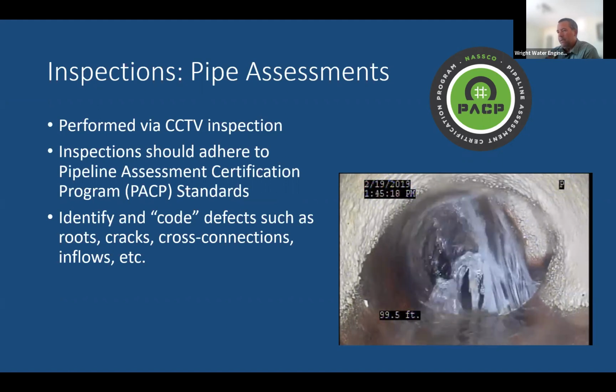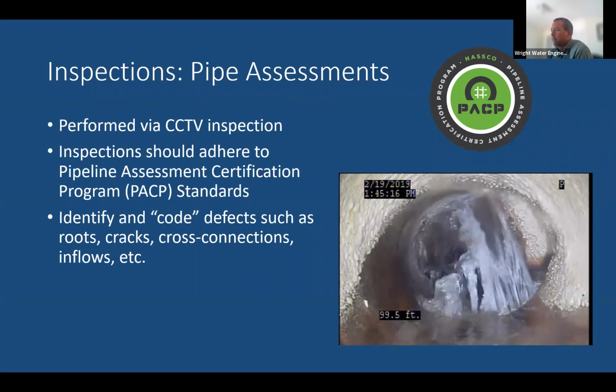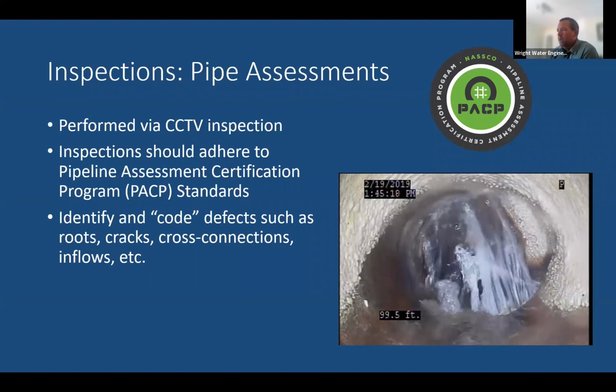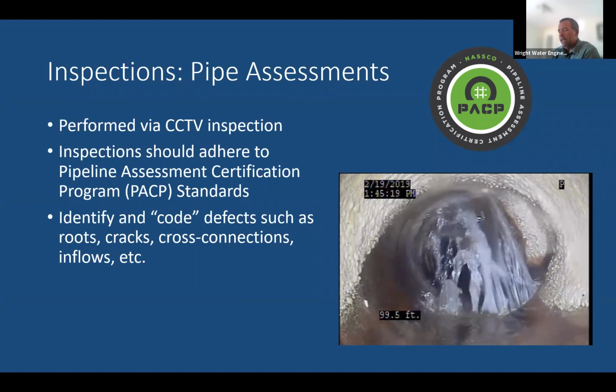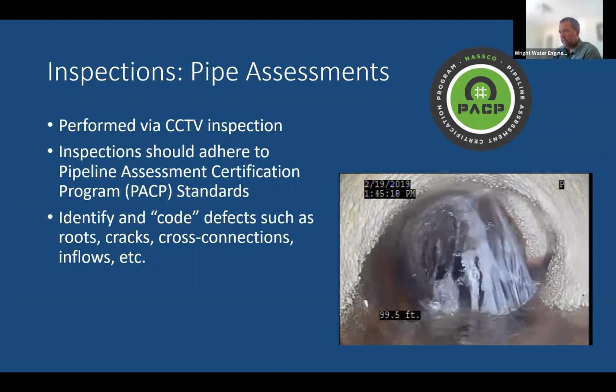So there's different levels of root intrusion or different levels of cracks or cross connections and things like that. So it's really good to talk with your contractors, ask them if they are PACP certified, if they understand these standards, and really then you're operating on the same playing field as other utilities and organizations that are inspecting their pipes using the same standards.